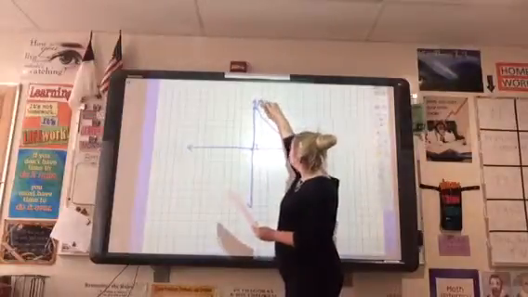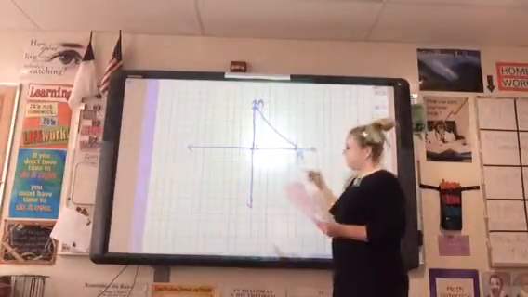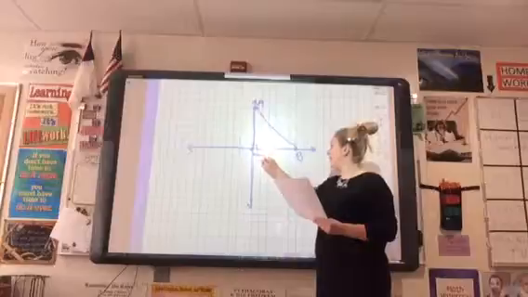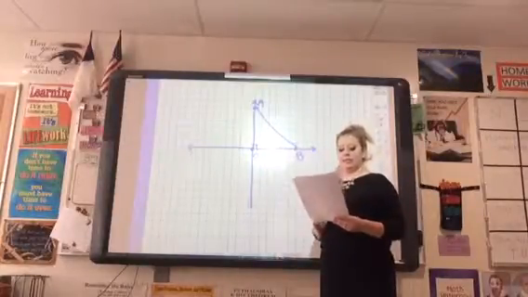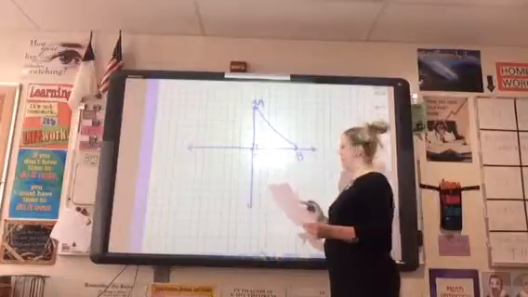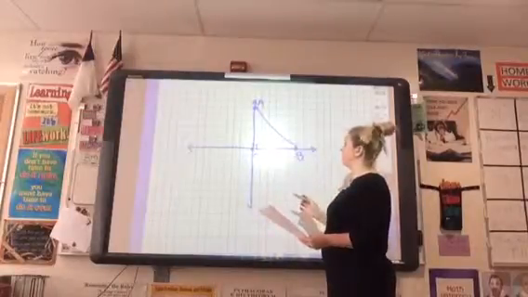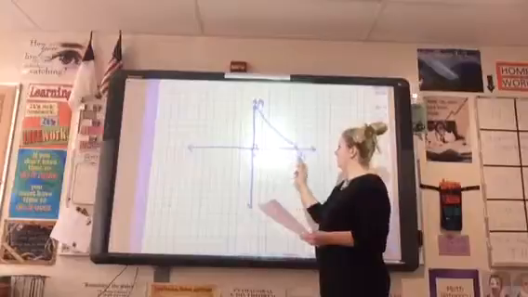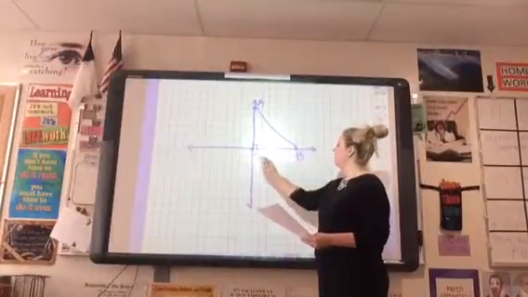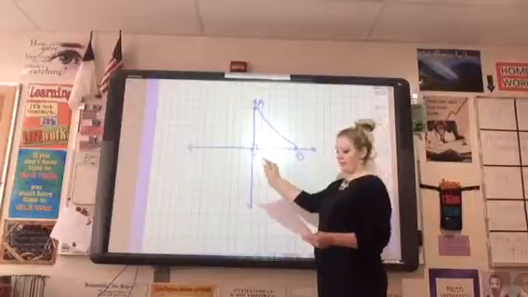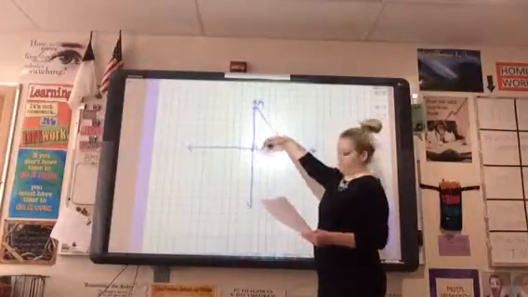So it wants that to be AB. So that makes this have to be C. So that told us where to put the letters. Then it says CB is half AC. All right, well here's CB. Now it doesn't look like it is based on my drawing, but it says CB is half AC.